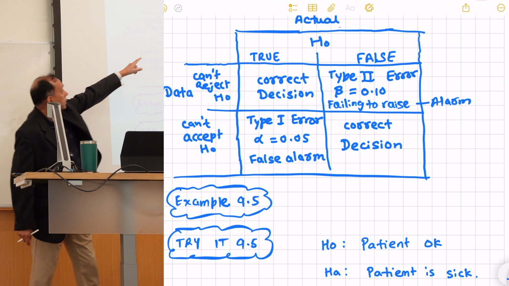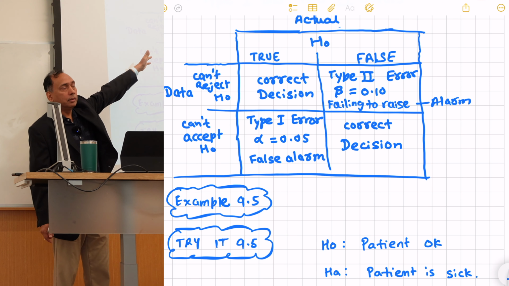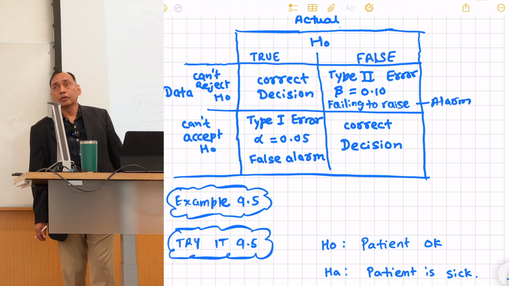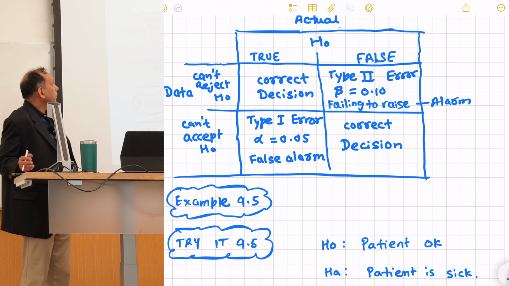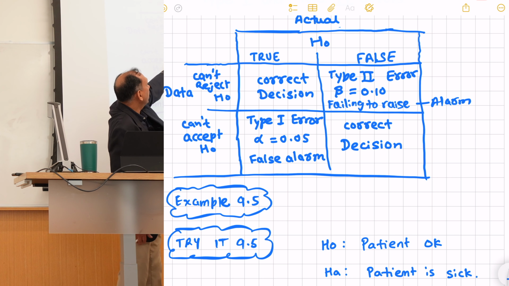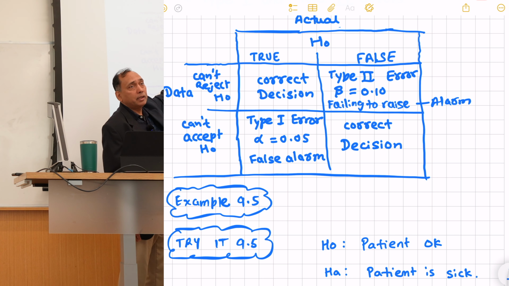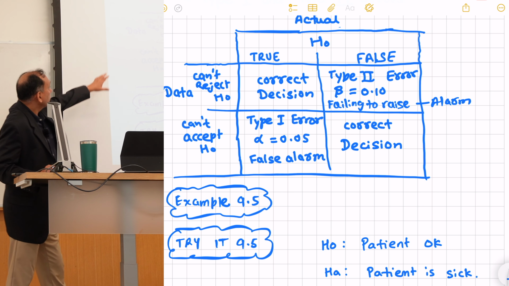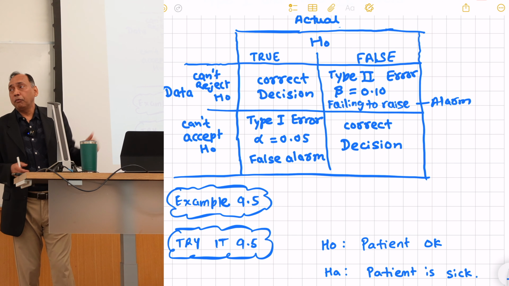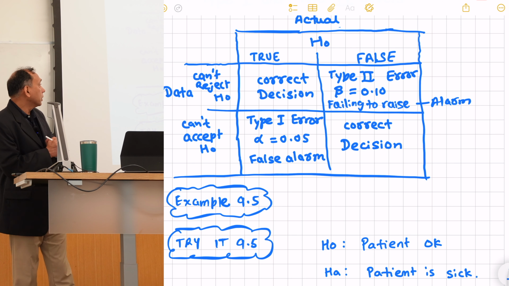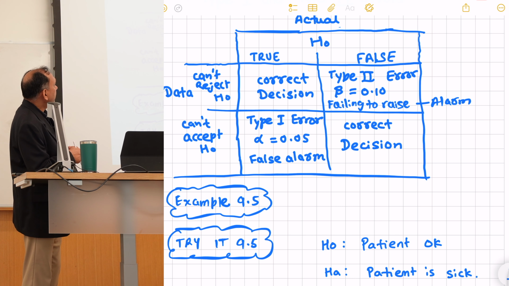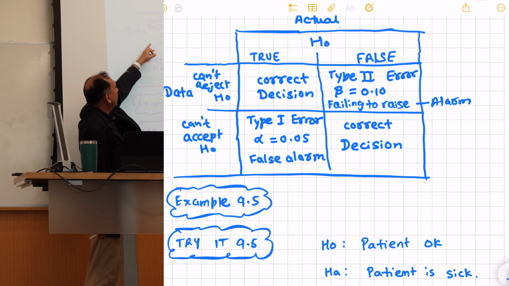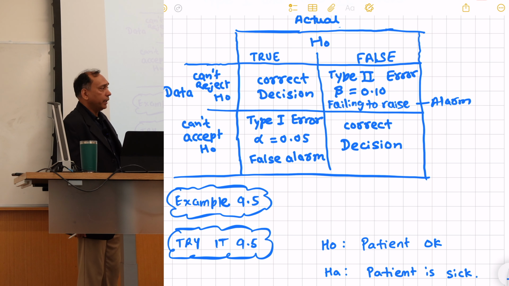So the reality is true means patient is okay, normal, and false means patient is sick. So there is a problem. It could be anything like a patient has cancer, or patient has COVID or something like that. And then you do the testing, lab work, and based on that you figure out that you cannot reject H0. So if patient is okay and you are making that decision, that means you are right.